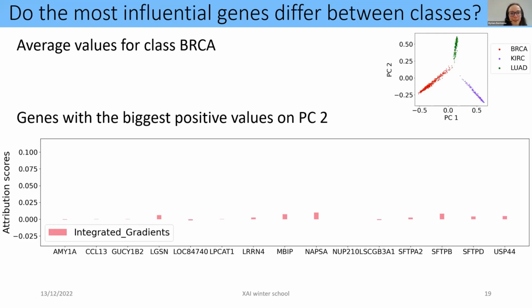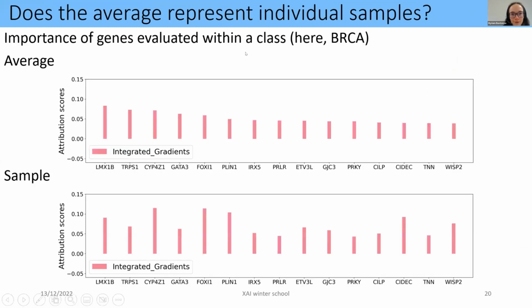One last question that we're interested in is: does the average that we showed represent individual samples? For instance, this is the ranked genes based on the average for one class. And below, we have one sample, the attribution score for one sample. For this one, it's not too far from the average.